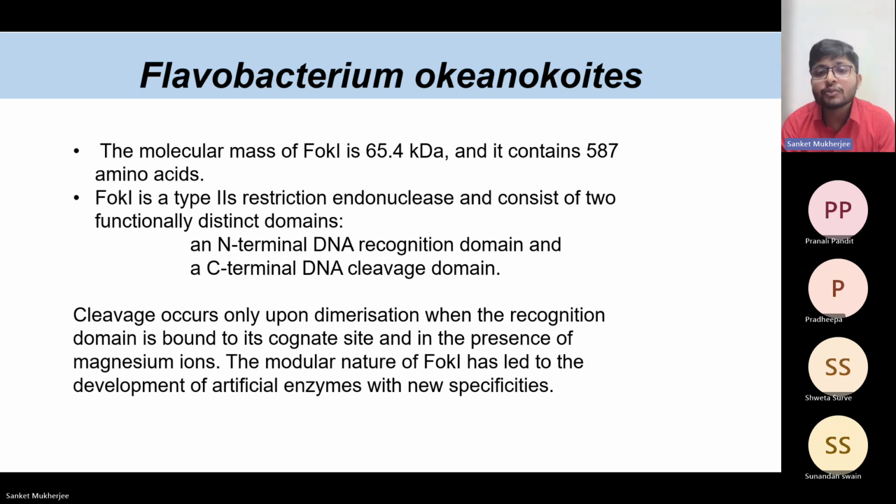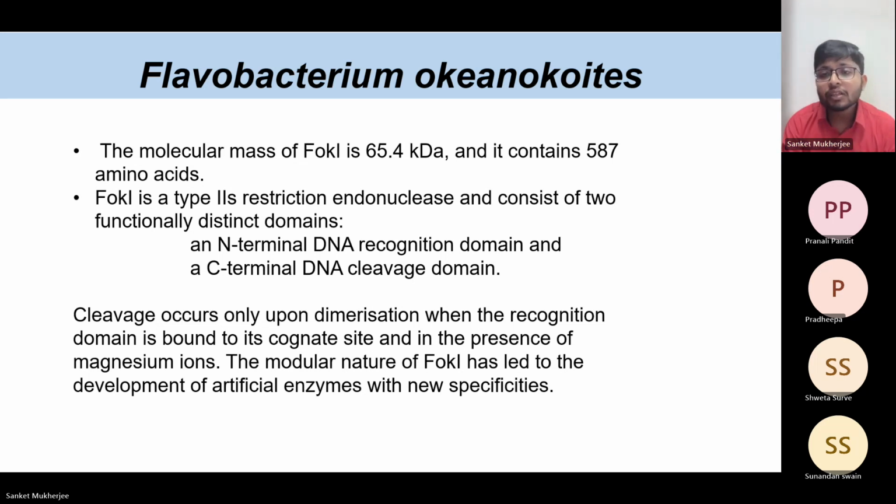That's why it is important to recognize which domain has which function. Cleavage only happens upon dimerization, when the recognition domain is bound to its cognate site and in the presence of magnesium ion. Almost all restriction enzymes require magnesium ions for functioning.